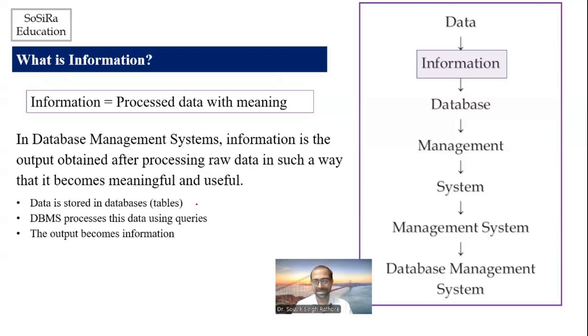The data in the database system, as I have said, is structured data. So data is stored in the database in the form of tables. The DBMS processes the data using certain queries, and the output becomes the information.